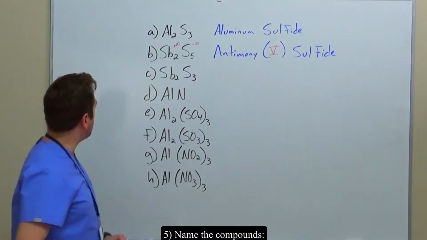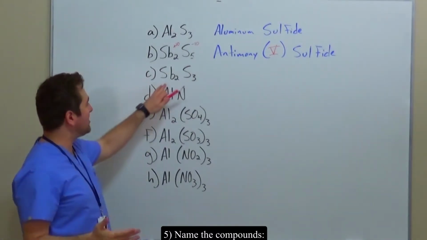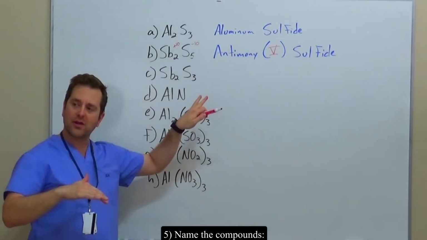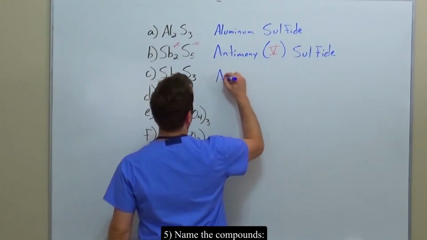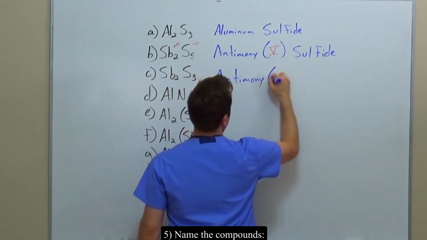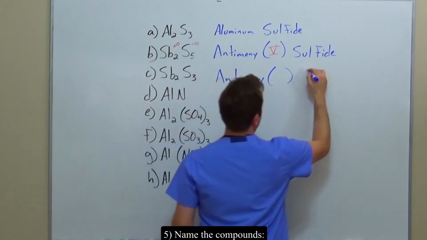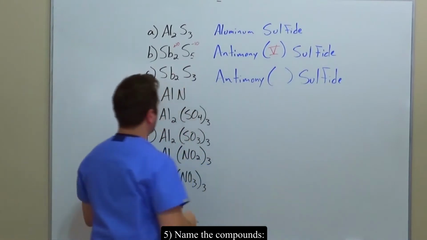All right, what about the next one? Again, it's antimony. It's basically the same thing, except it's a different form of antimony. It's going to have a different oxidation number. So I'm just going to go ahead and do what I did before. I'm going to write antimony, and of course, I'll include my parentheses, and sulfide. Okay, now let's get in and do the work.